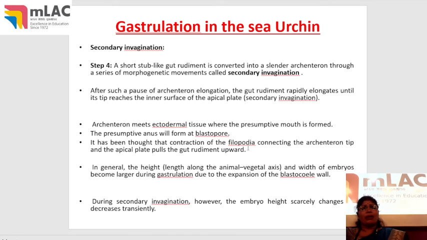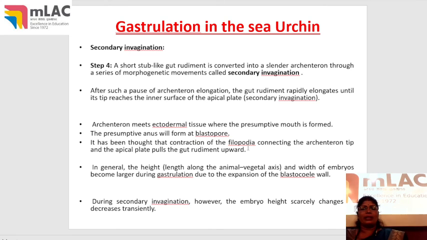After such a phase of archenteron elongation, the gut rudiment rapidly elongates until its tip reaches the inner surface of the apical plate. Now the archenteron elongates and the tip of the gut rudiment reaches the animal pole. That area is called the apical plate.